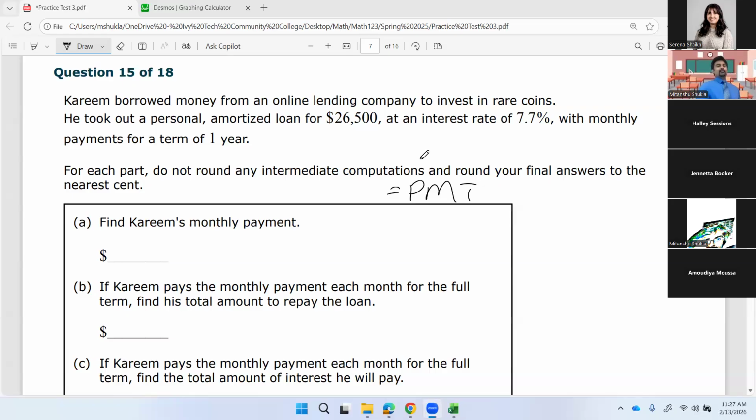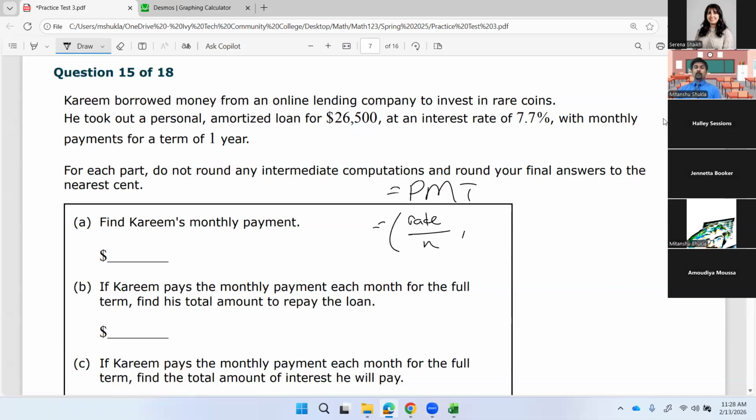But anyway, picking up where we left off, we are doing the PMT function because we want to find out what the monthly payments are going to be. So we're going to do the same exact Excel formula, except this time it's going to be our rate divided by n, where n is the number of times it's being compounded.